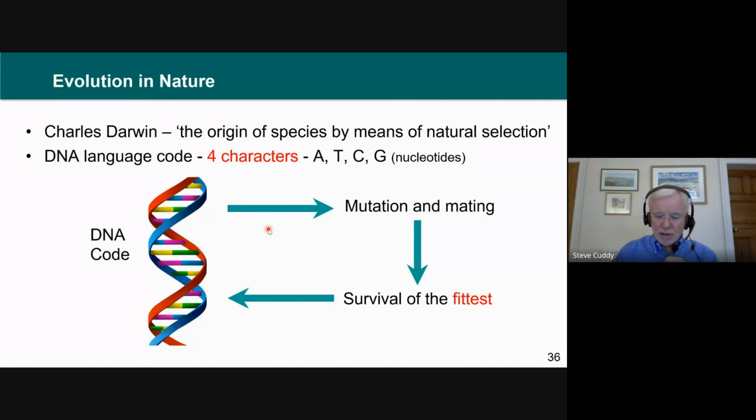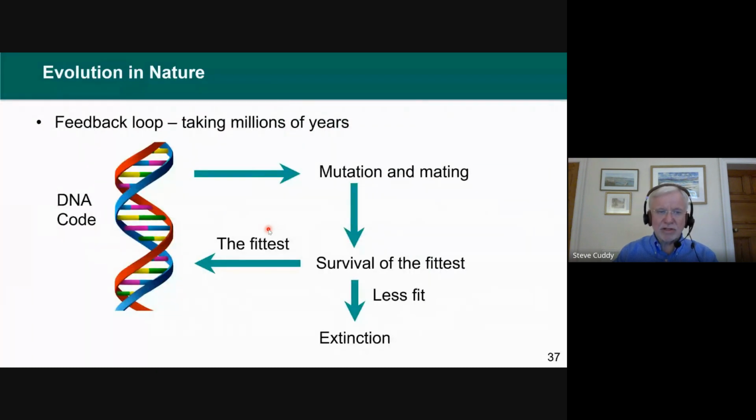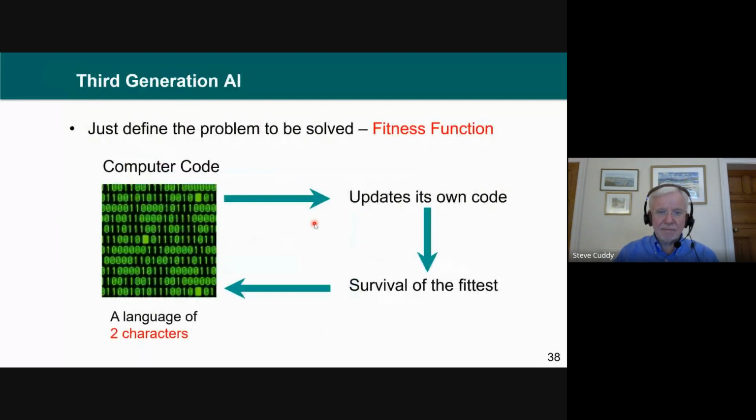Now we want to copy that with artificial intelligence. So remind you, there's a feedback loop in nature which takes the DNA, mutates it, and through mating will develop the next level. And if that next level is fitter, it will survive. If not, it becomes extinct. Now let's have a look at computer code.